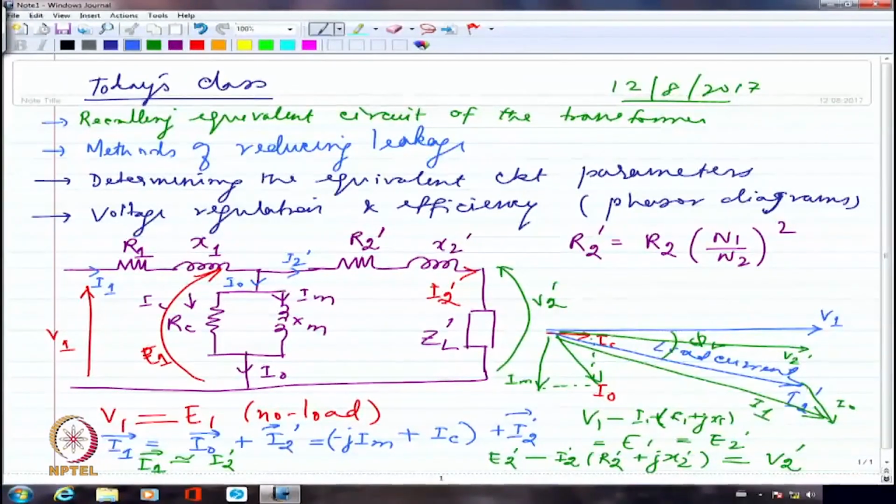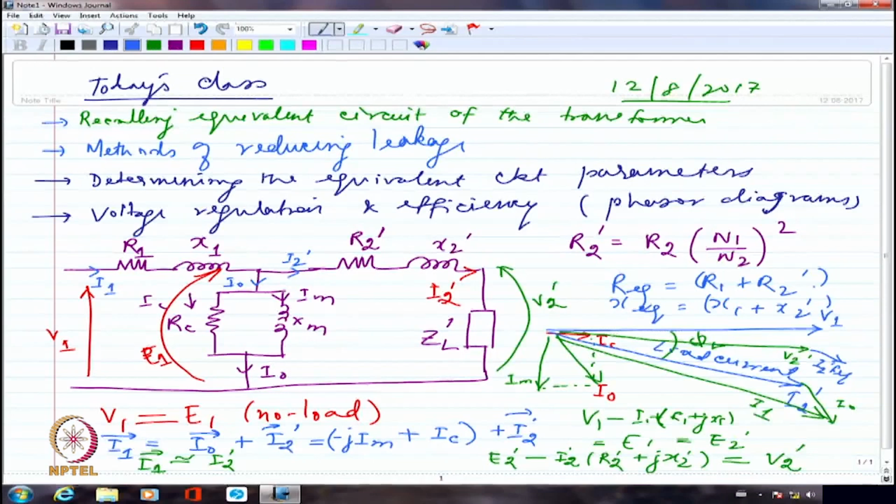So I can write this as I2 dash multiplied by R equivalent, where R equivalent is R1 plus R2 dash. Similarly, X equivalent is going to be X1 plus X2 dash.